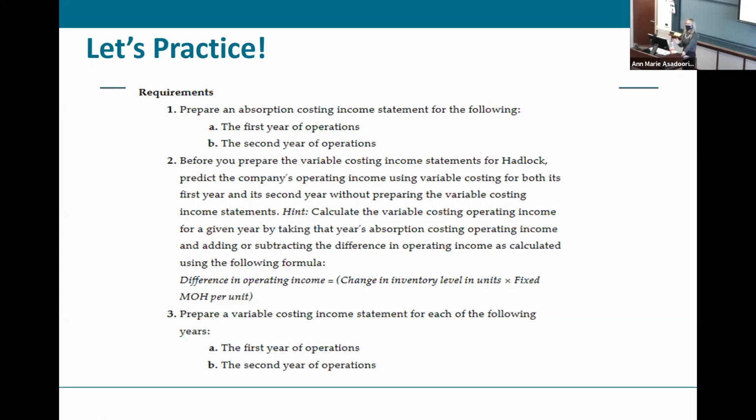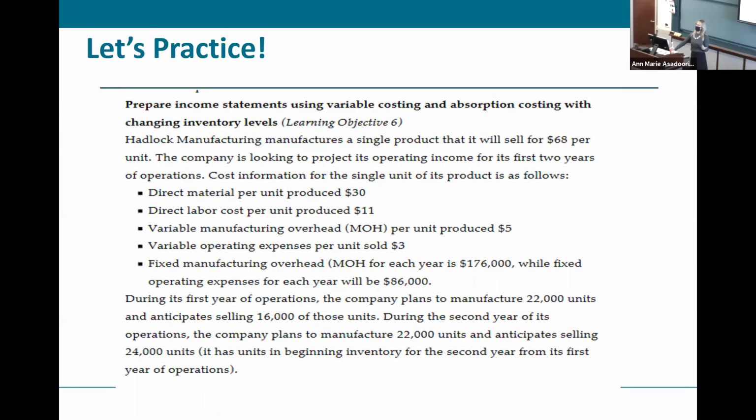Make sure that what you said was going to happen does happen. And if you can do that, then you know you've done your income statement correctly. Okay. All right. So if I'm making 22,000 units and I'm selling only 16, then my net income is going to be higher under which statement?